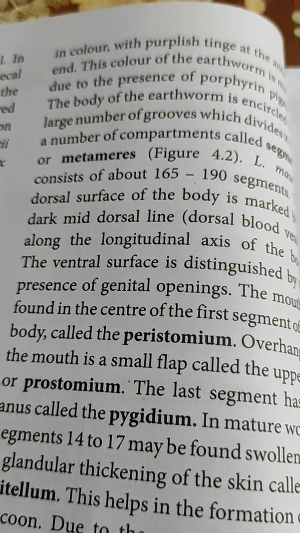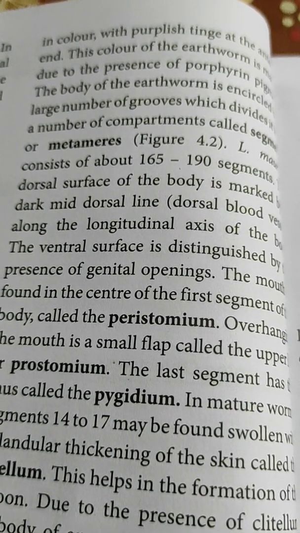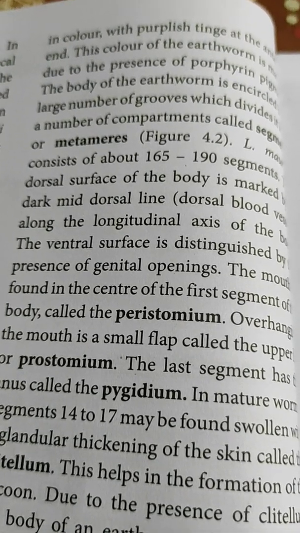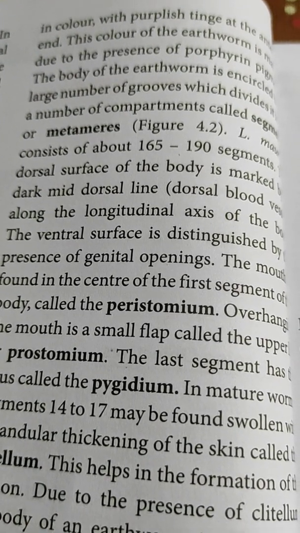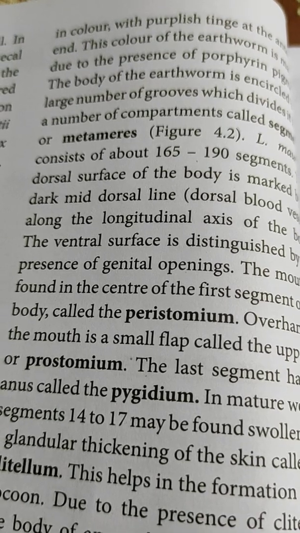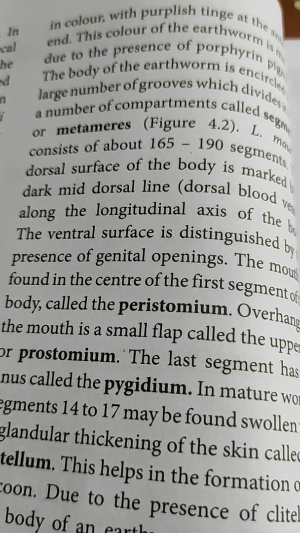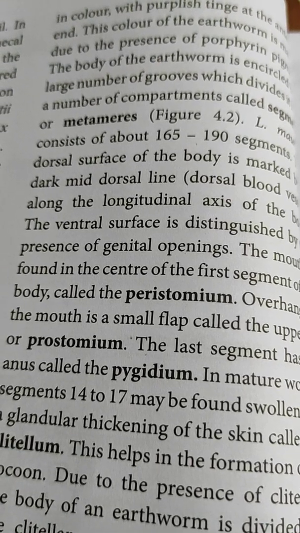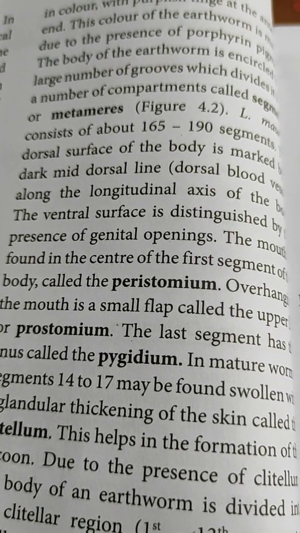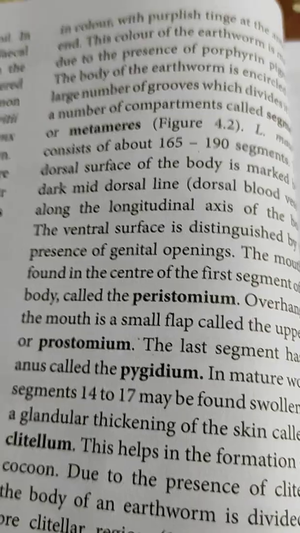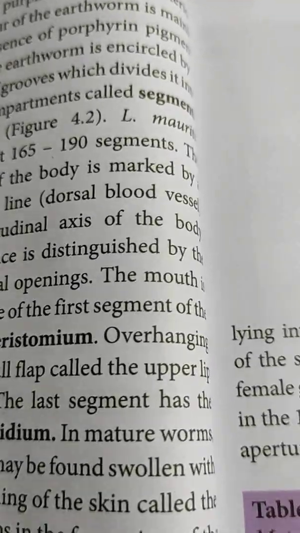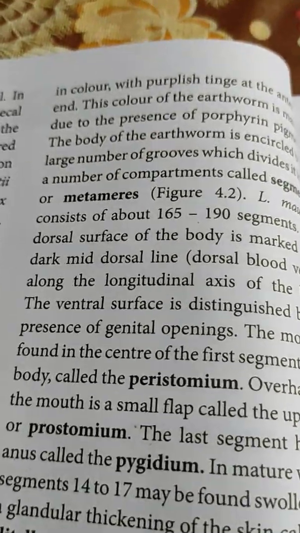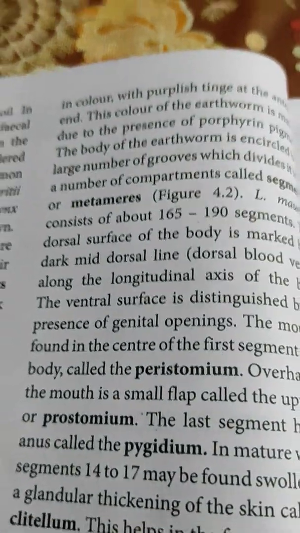Overhanging the mouth is a small flap-like structure called the upper lip, or prostomium.